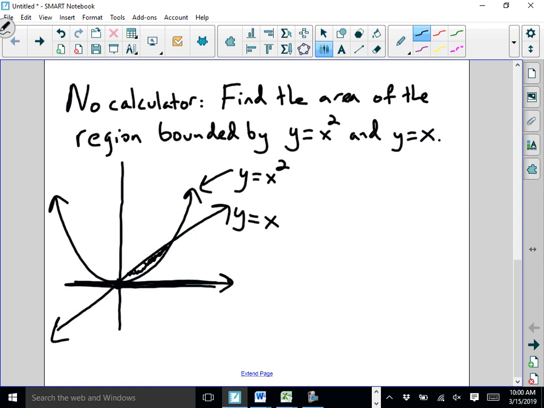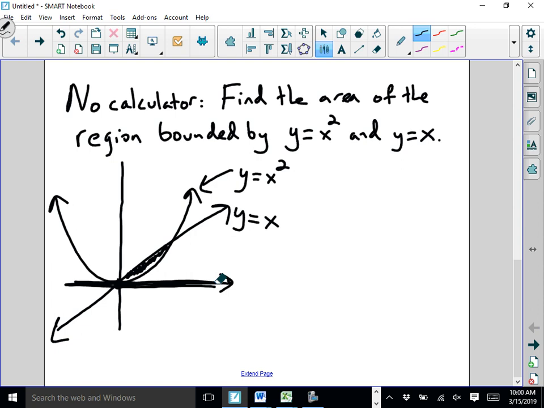So all I'm going to have to do here is the integral from left to right of top minus bottom. If you can't sketch the graph, even on multiple choice, I would have sketched a little graph there. Sometimes they'll provide a graph for you, but they won't provide any intersections, and you need to figure those out on your own.